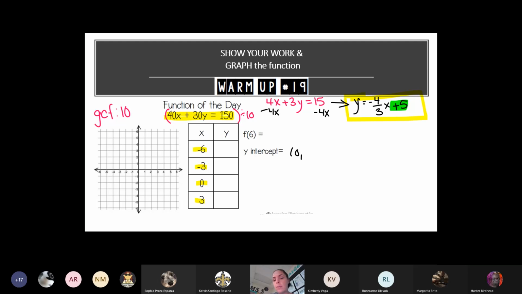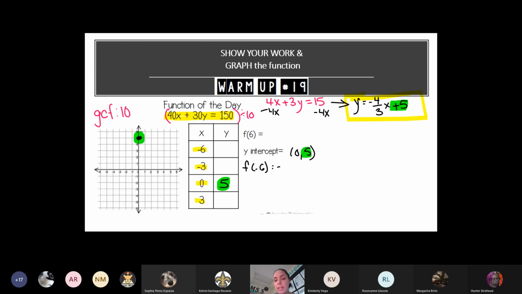So 0, 5, and I can also list that in the chart, and I can plot that point on my graph. Then I need to start finding my y values when I have my different x values. So I'm going to find f of negative 6 first.